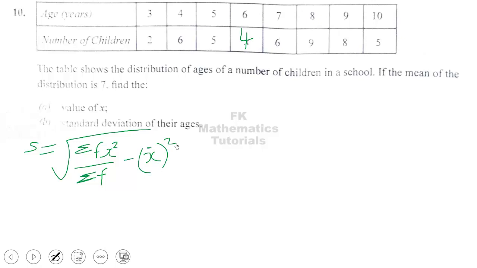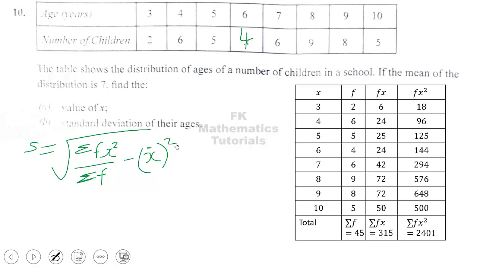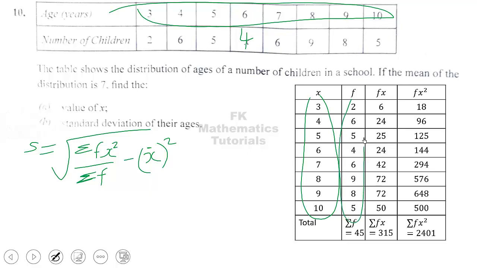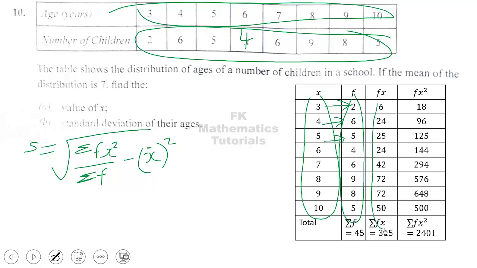So we need to form a table where we will get these values: summation f x squared. We know the mean to be 7 already. So you take your time to form a table to get this. For these ones, you can get them from over here. Then fx, you times this by this, this by this, this by this to get this column.